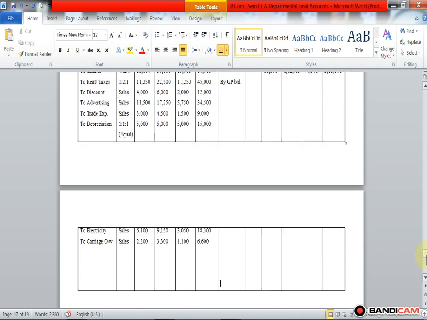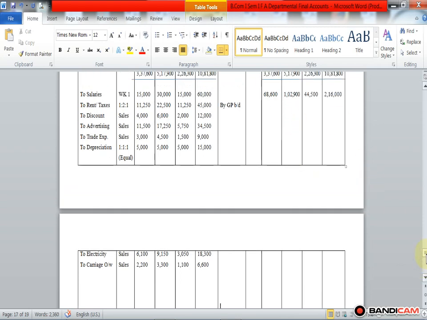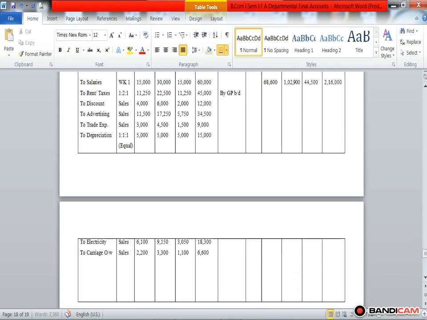First of all, find the profit or loss of department H. The total of credit side of department H is more, that is 68,600.